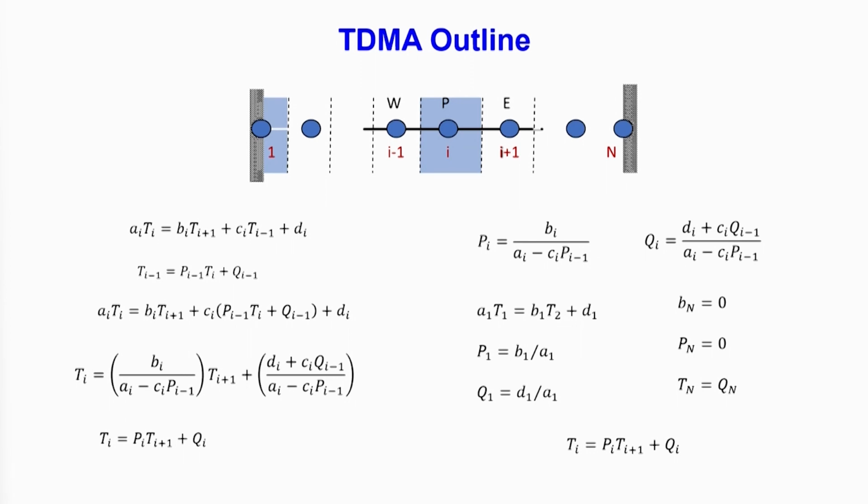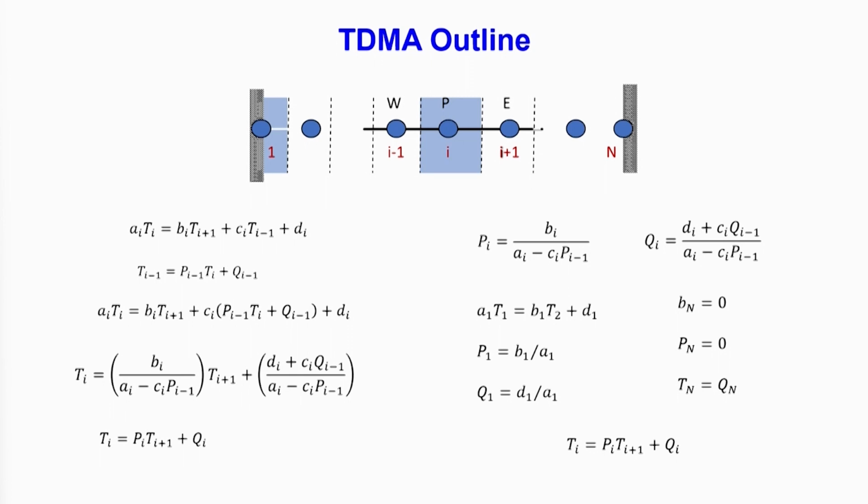So the question is that now that we have this, we do not know what is Pi minus 1, Qi minus 1, because our original discretization gives Ai, Bi, Ci, etc. So how do you get this? So what we do is that, assuming that to be of that form, in the first equation in place of this Ti minus 1 we are substituting Pi minus 1 Ti plus Qi minus 1, okay.